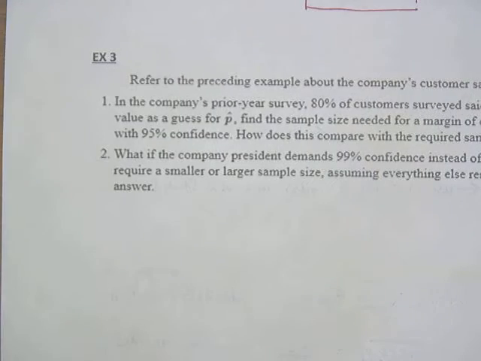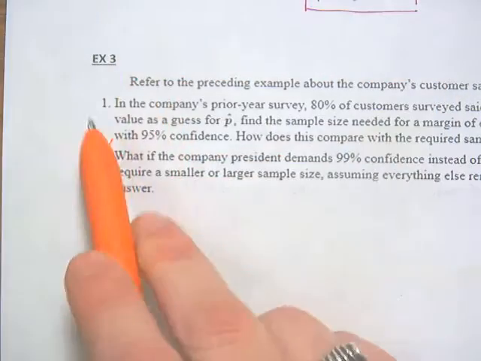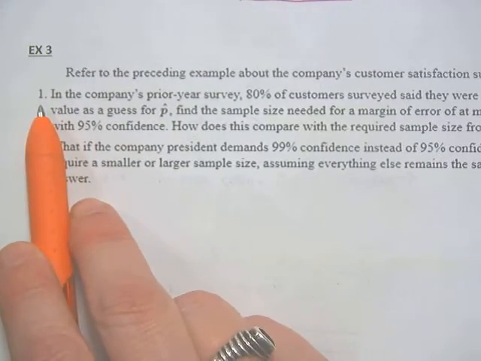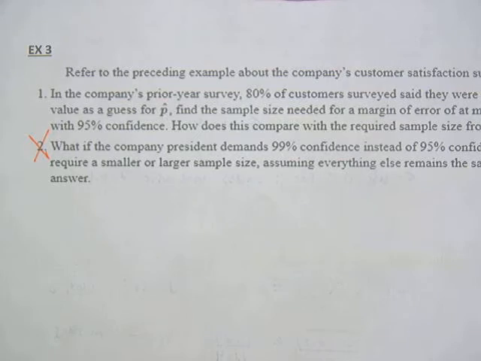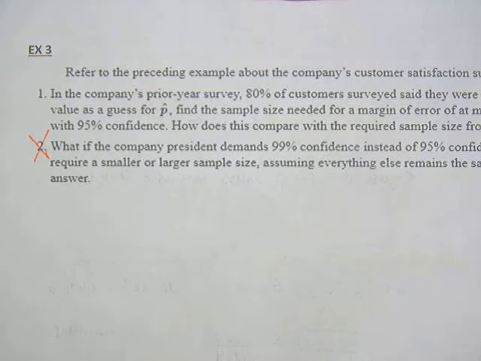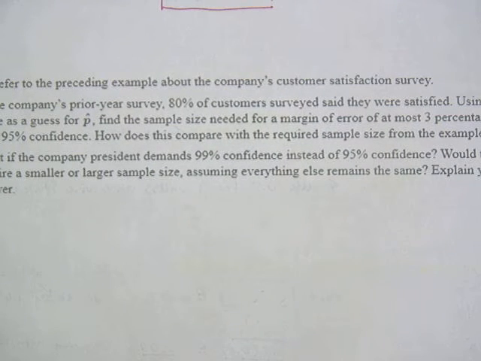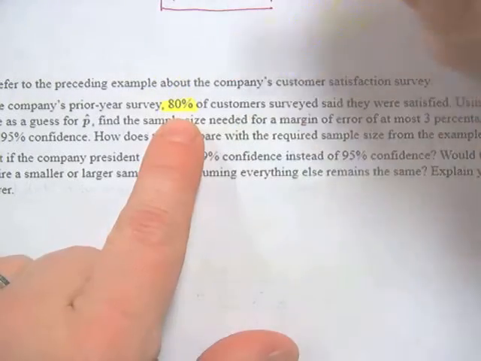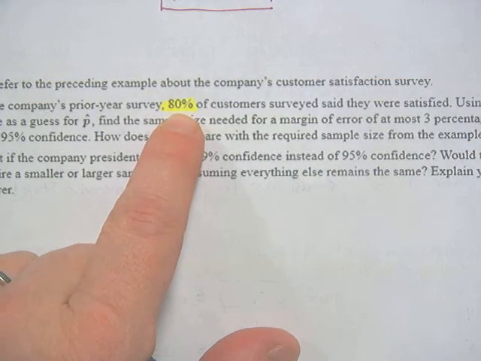Last one. Example 3, we are only going to do number 1 on example 3. I'm going to help you set it up, and then you'll do it on your own and check your work. Talking about that same company, in the company's prior year survey, 80% of customers surveyed said they were satisfied. So here we have something to go off of.